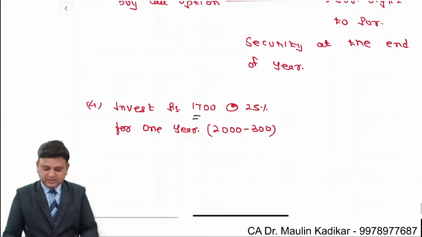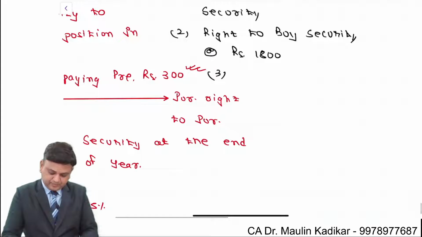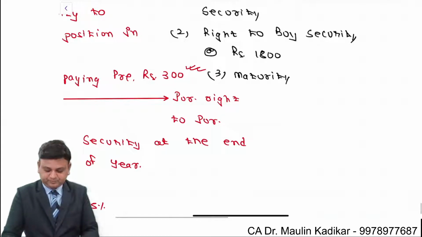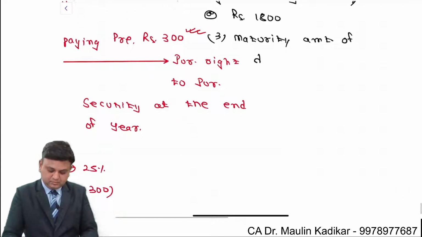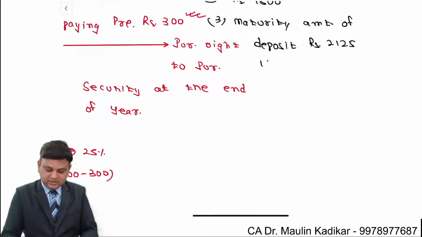You have made investment. So third, you will have maturity amount of deposit rupees 2125. How this 2125 is calculated?